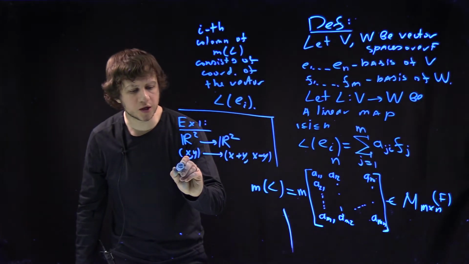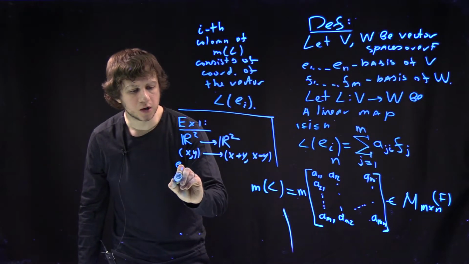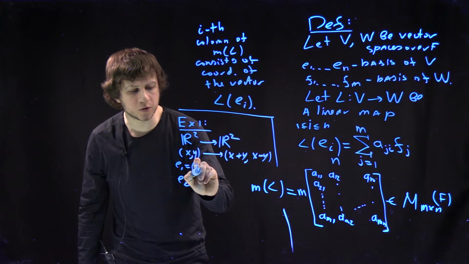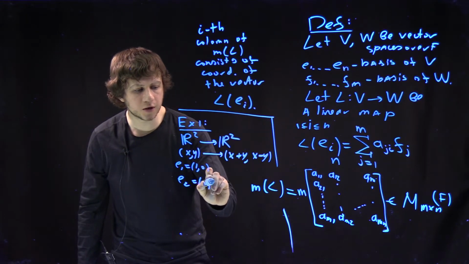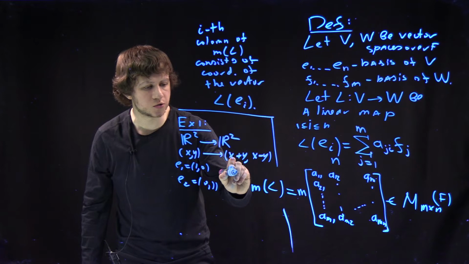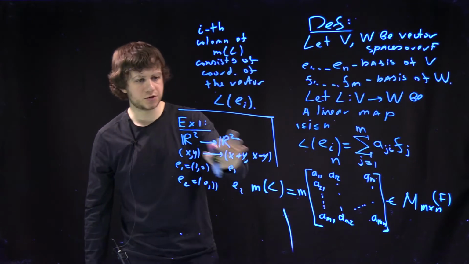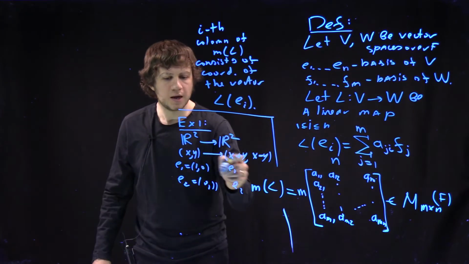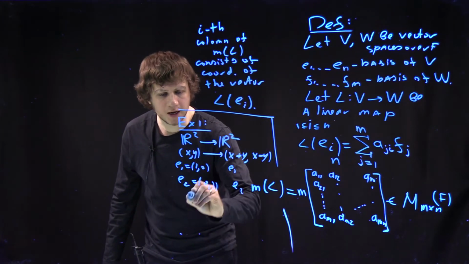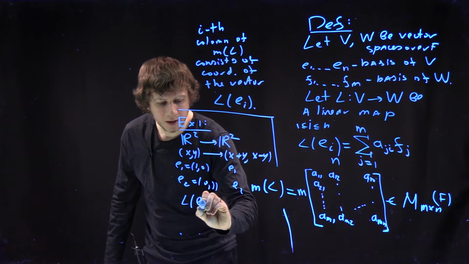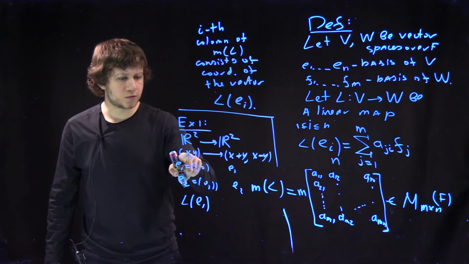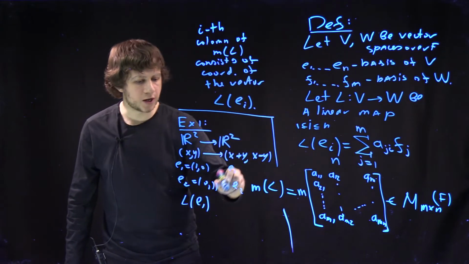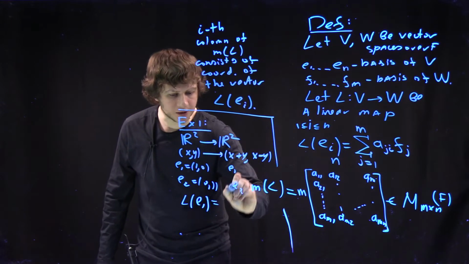So let's choose here the basis e1, e2 being the usual (1, 0), (0, 1). And here also choose a basis e1, e2, which is just the same. When the vector spaces are the same, usually people will choose the same basis. And then we know that L of e1, so x equal to 1, y equal to 0, goes to (1, 1), which is e1 plus e2.